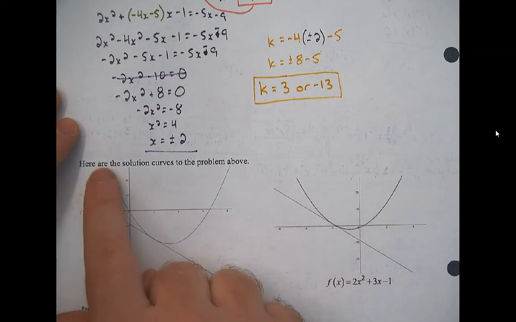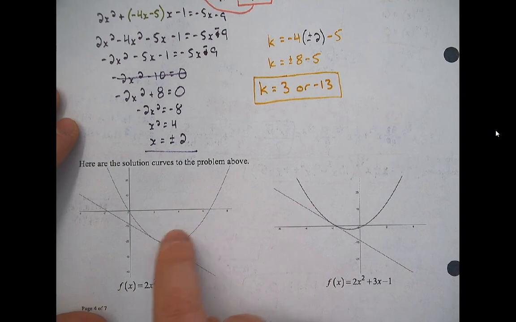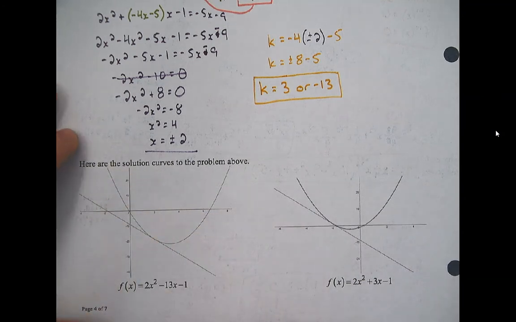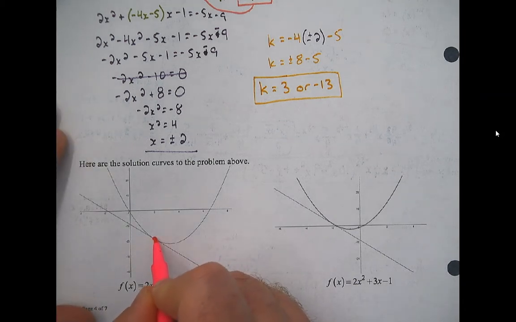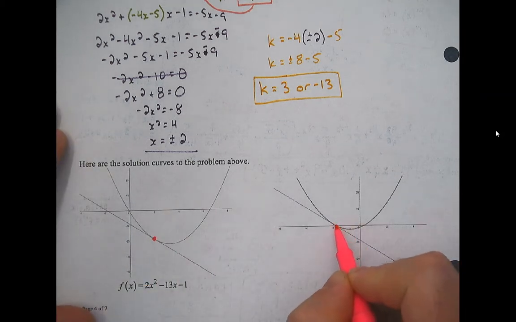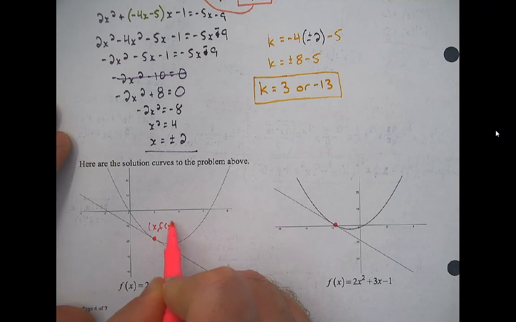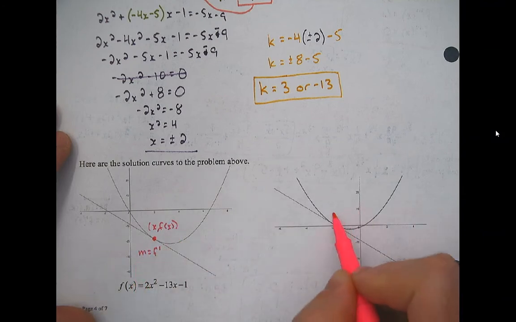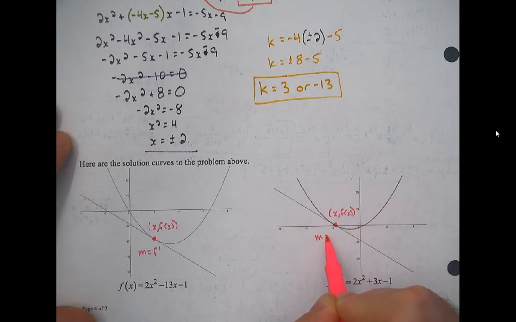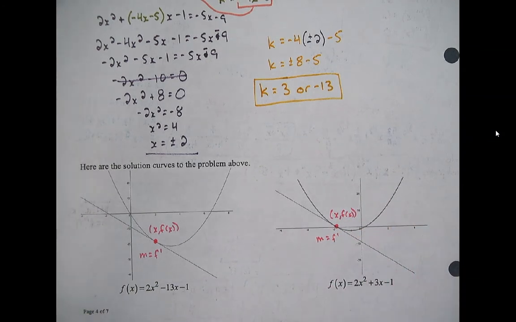And over here, if I make that the -13, we have another tangent line. Just a reminder, a tangent line and a function share a point and a slope. They both have the same f of x, and the slope is equal to the derivative.